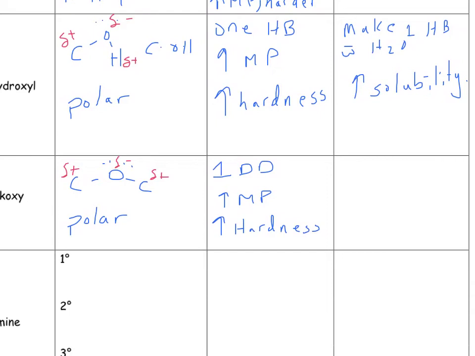If your organic compound has an H directly attached, it can make a hydrogen bond. If it does not, then it can only accept a hydrogen bond. This will increase the solubility of the compound.